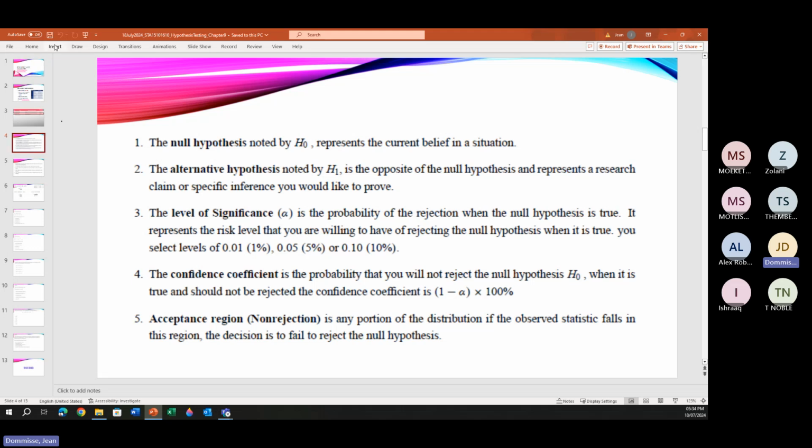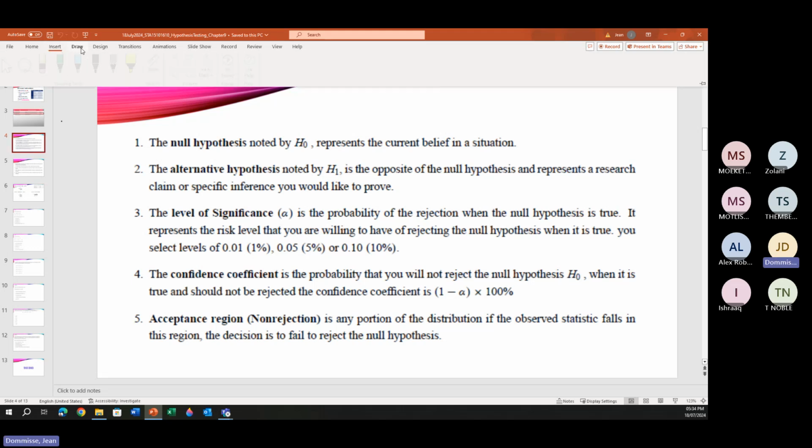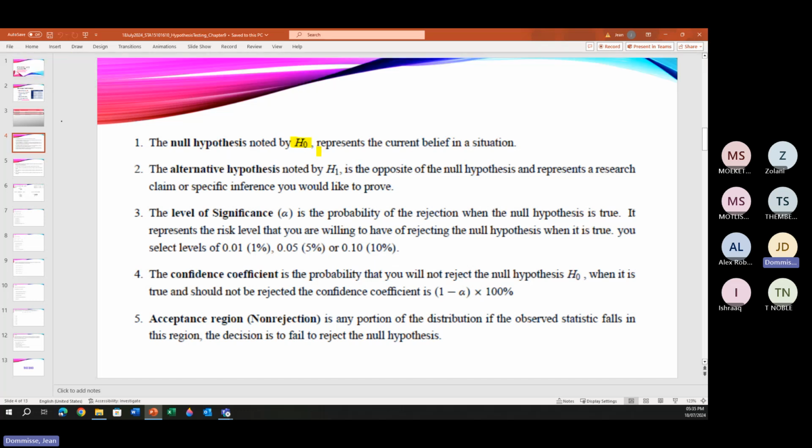The first thing, which we'll highlight in each of the questions as well, is the null hypothesis. That is the hypothesis that we believe is true.